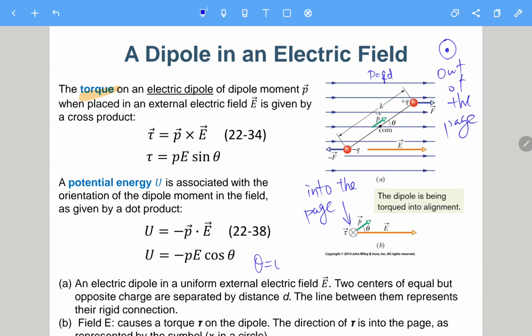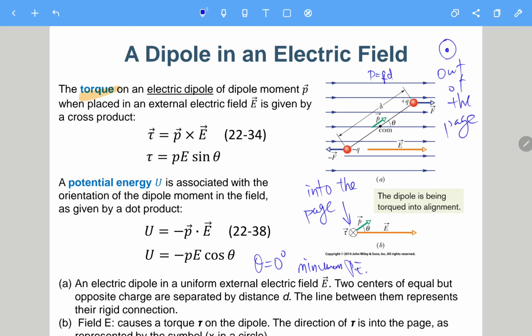If theta is 0 degrees, which means that the dipole has the same direction as the E field, then cosine of 0 degrees is 1, and it takes the minimum value because we have a negative sign here. So it will be negative PE, which is the minimum potential energy.